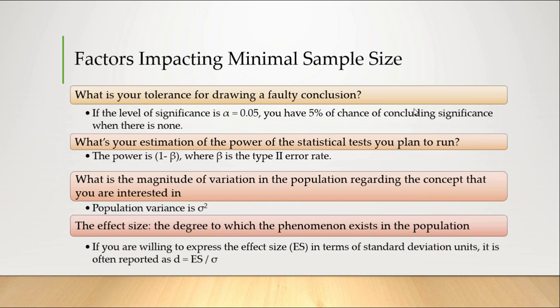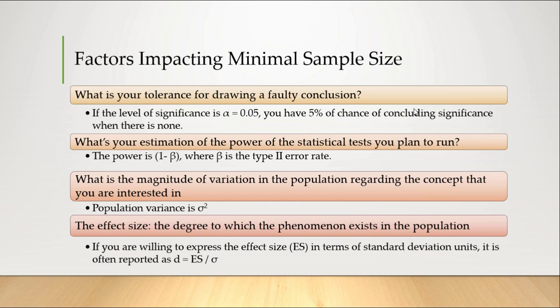When you need to estimate how large a sample you need, these are the factors you need to consider. What is the alpha value, which is your level of tolerance for making type 1 errors? What is your estimated statistical power? How much variation do you expect to observe in the population?